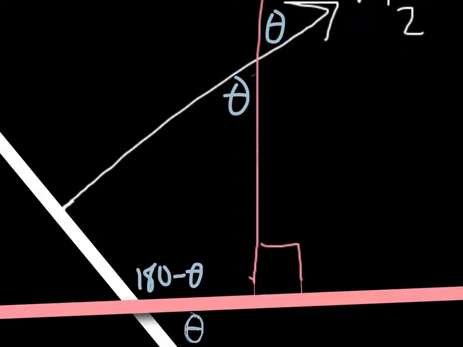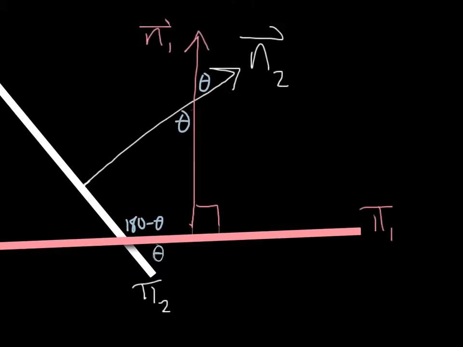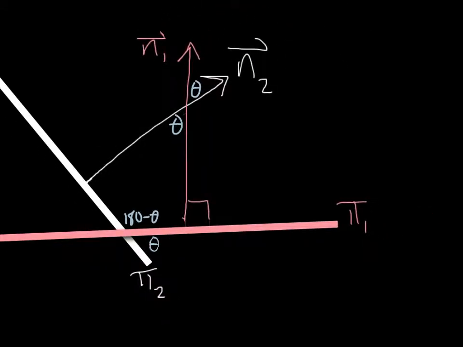And so what's theta? Well, angle theta is really just the angle between the normals. Ha! The angle between two vectors. So to find the angle between two planes, all we have to find is the angle between the normals. And that we know how to do, ladies and gentlemen.